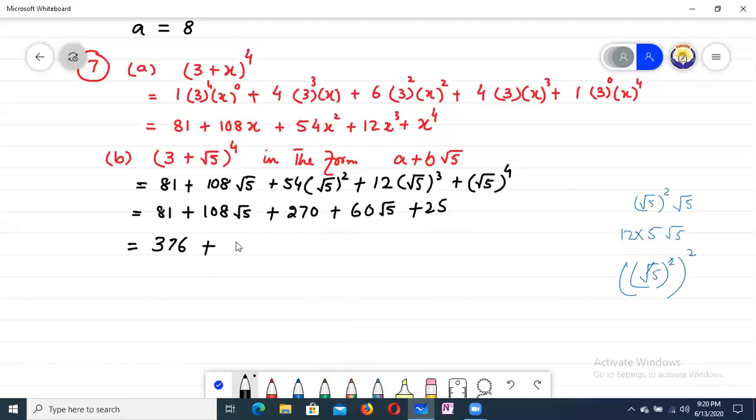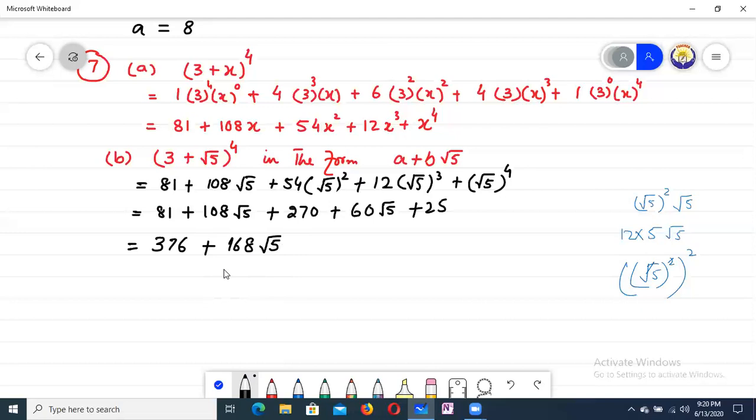Plus the term containing square root 5, that is 105 plus 108 plus 60, and the sum will be 168 square root of 5.